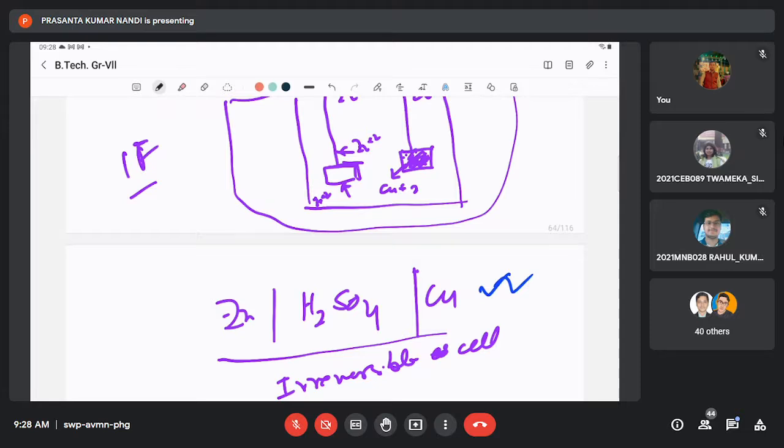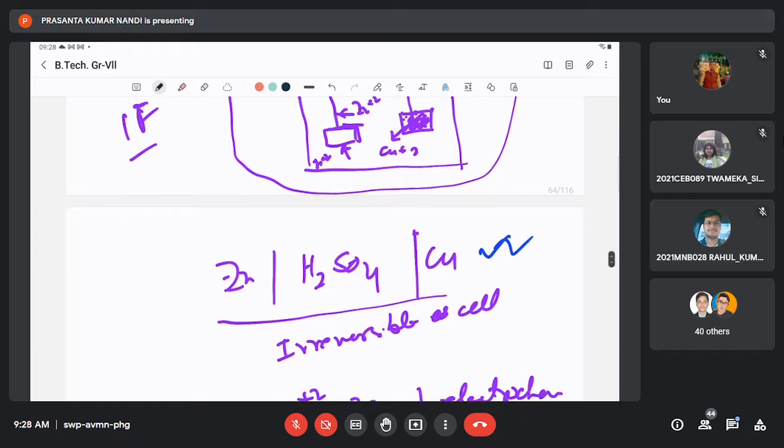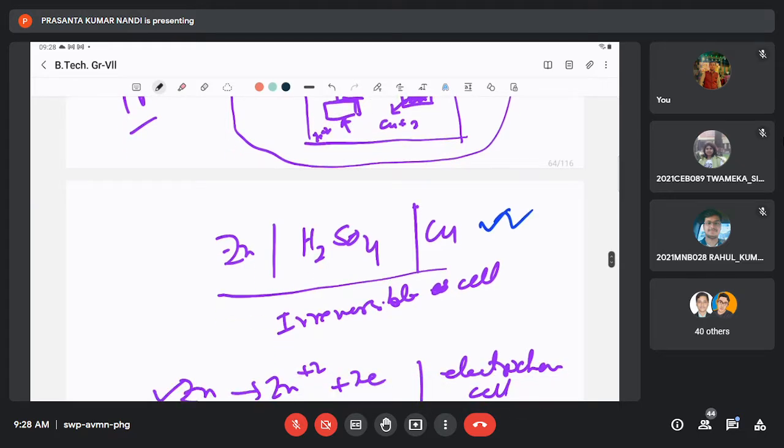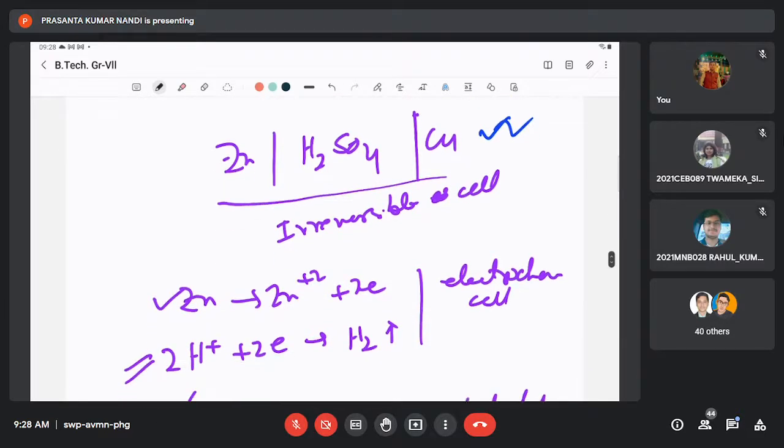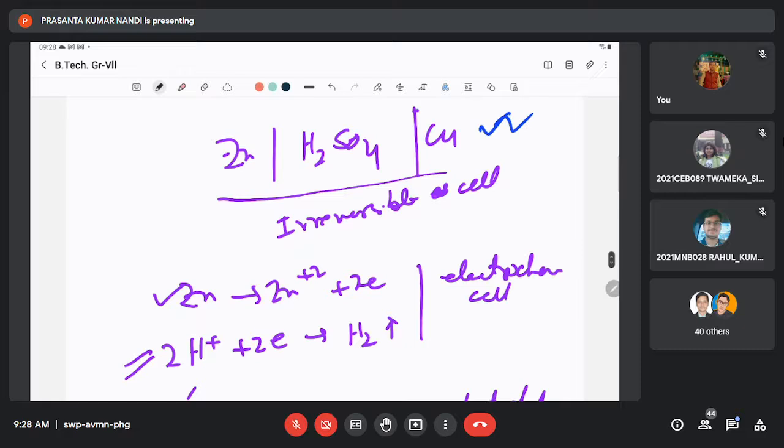If you connect these two electrodes externally, that we call an electrochemical cell, these are the reactions that I have shown. Zinc passes to Zn2+ with liberation of two electrons, whereas H+ ions taking two electrons are eliminated as H2 gas.